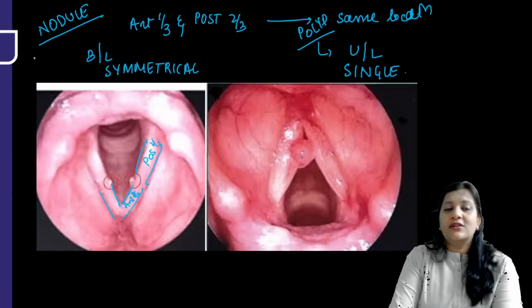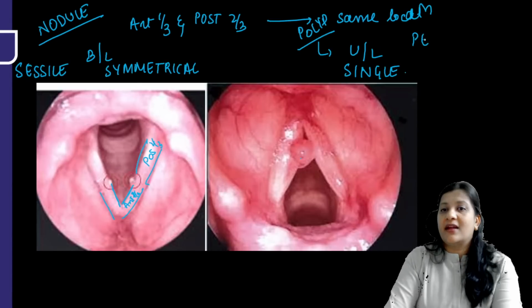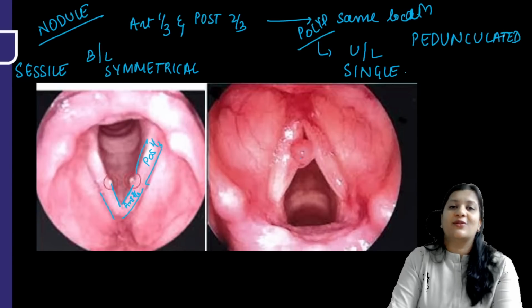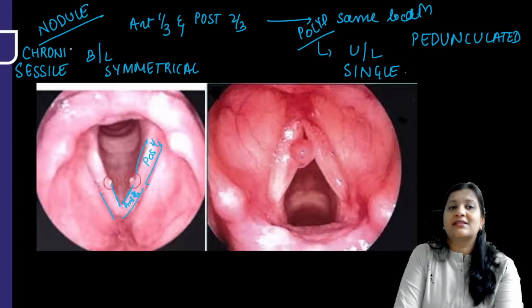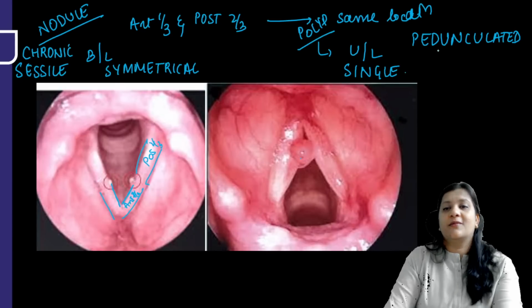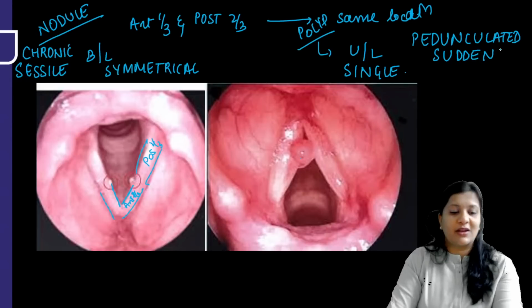Nodules are usually sessile, whereas polyps are usually pedunculated. Nodules occur because of chronic voice abuse, whereas polyps occur because of sudden voice abuse. So this is the basic difference between the nodule and the polyp.